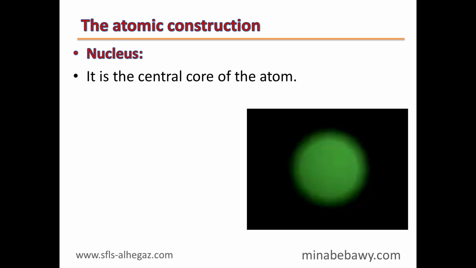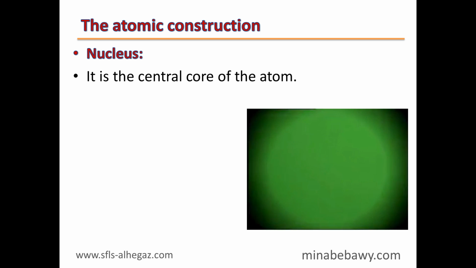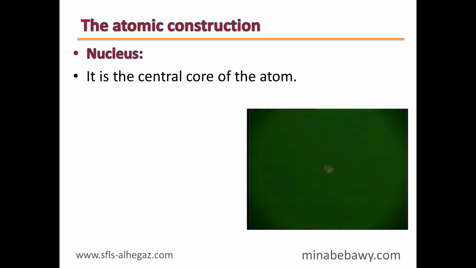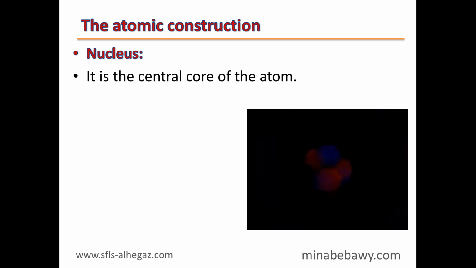Nucleus. It is the central core of the atom. This means that nucleus is found at the center of the atom. And we have a very important give reason question here.